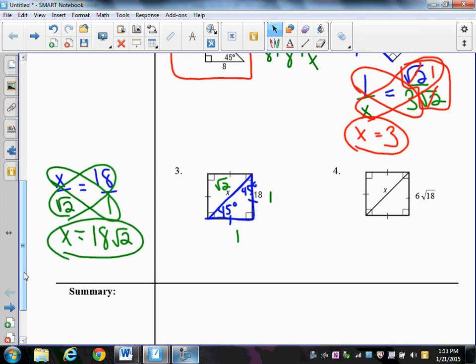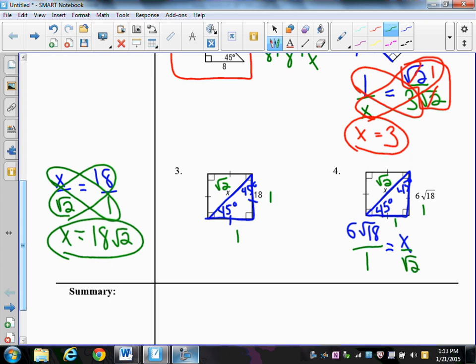And lastly, we'll do number 4. Again, we have another 45, 45, 90 triangle. These only work on 45, 45, 90 triangles. So I have 6 square root of 18 and x. I need to remember the side lengths: 1, 1, square root of 2. 1 and the square root of 2.